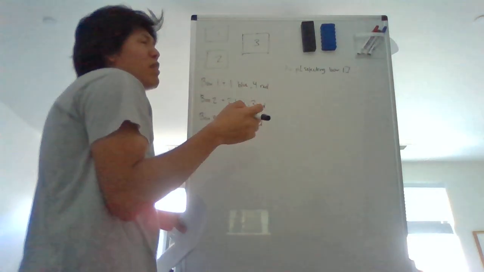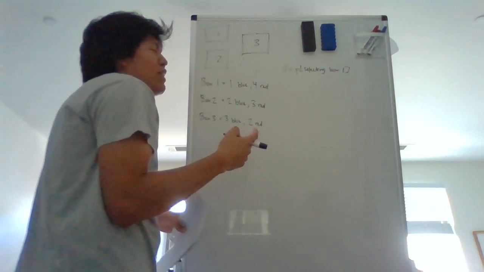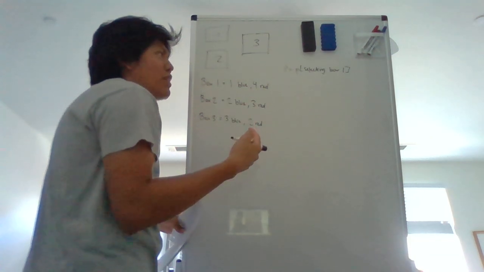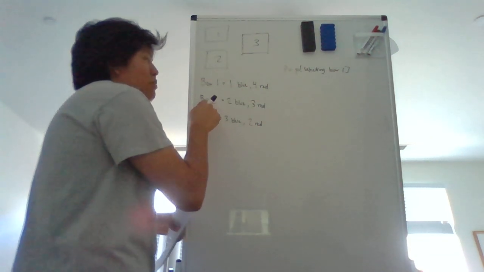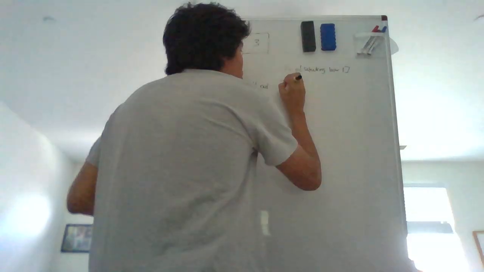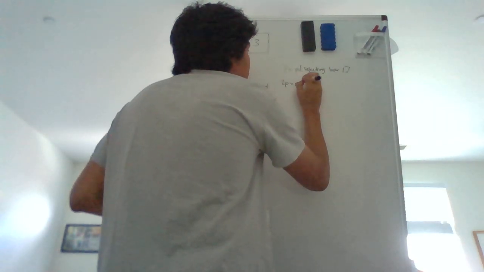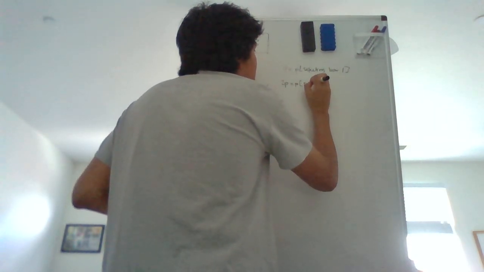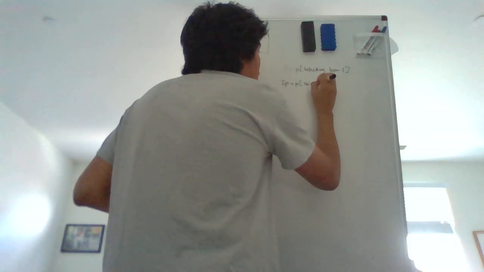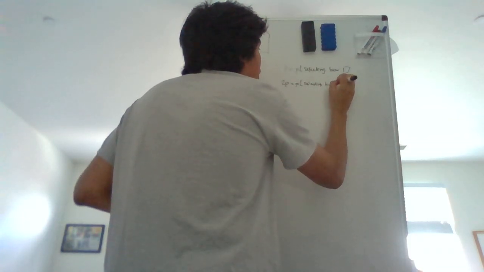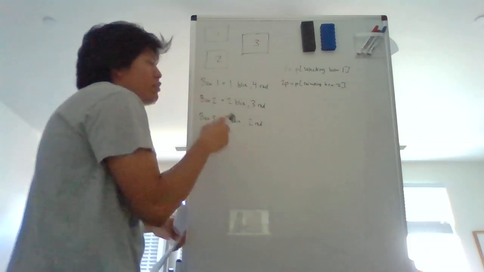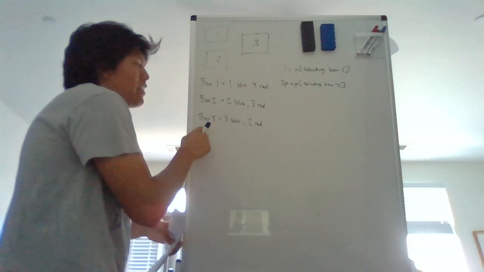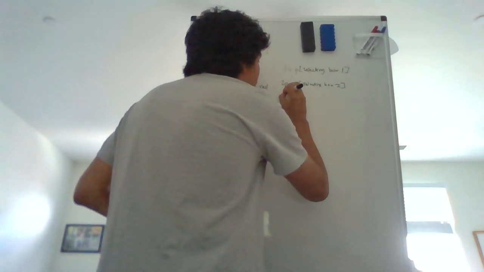If selecting a box is proportional to K, in this case, K is 1, 2, or 3, that means that the probability of selecting box 2 is 2P. That is the probability of selecting box 2. Which means that the probability of selecting box 3 is 3P.